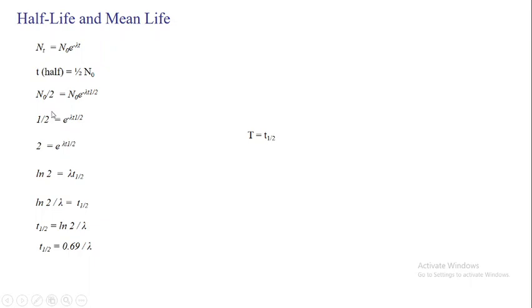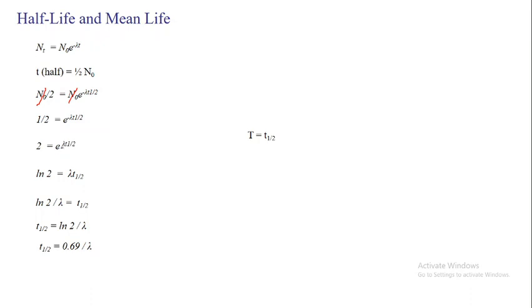In this way, N0 would be cancelled on both sides, and we would get 1/2 = e^(-λ t half). Then 2 would be equal to e^(λ t half), because the negative is cancelled with the reciprocal.